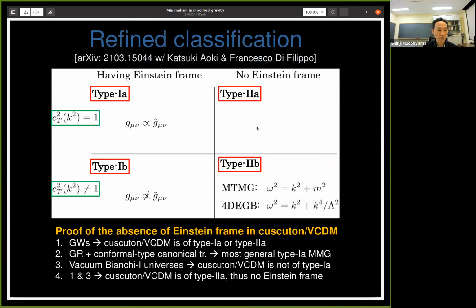Then we consider the most general type 1A MMG and study the Bianchi 1 universe for Cuscuton or VCDM and type 1A MMG. Then they are different. So this means that this theory is not type 1A. Combining these, we end up with the conclusion that this theory is type 2A, meaning that there is no Einstein frame. Very simple. So we now have a population here.